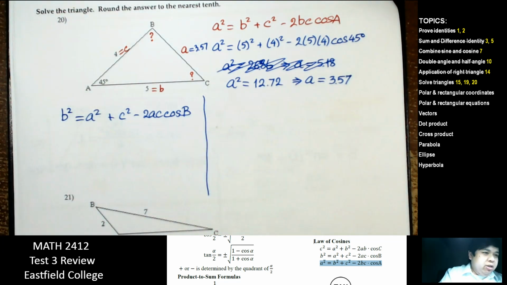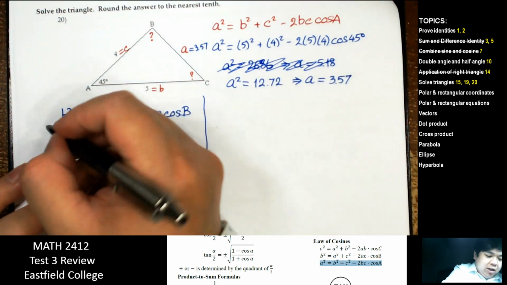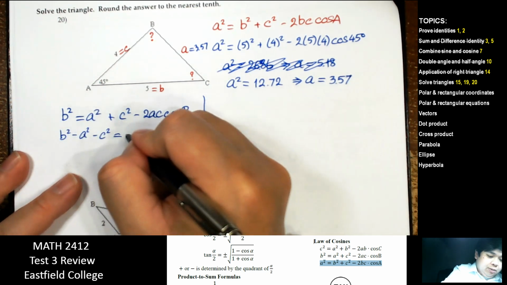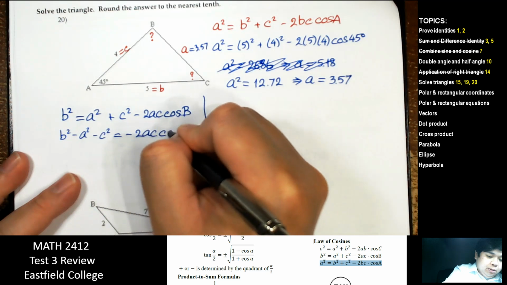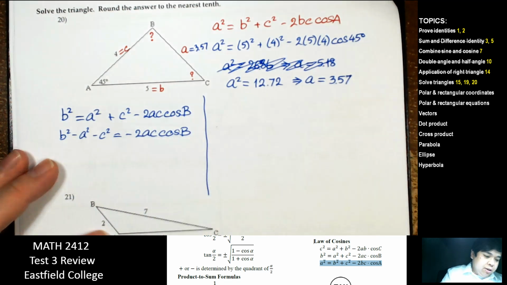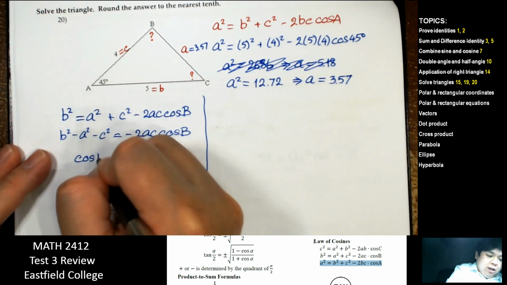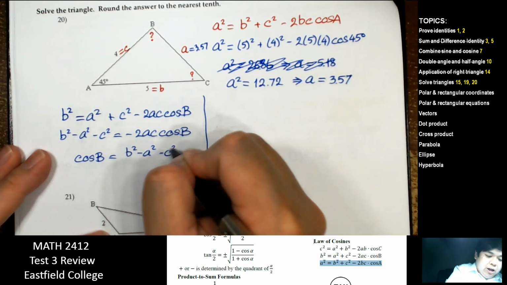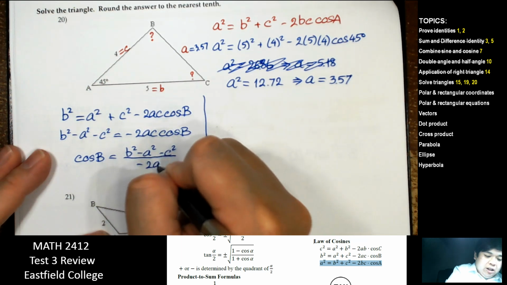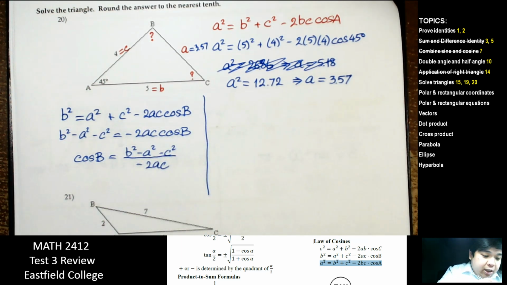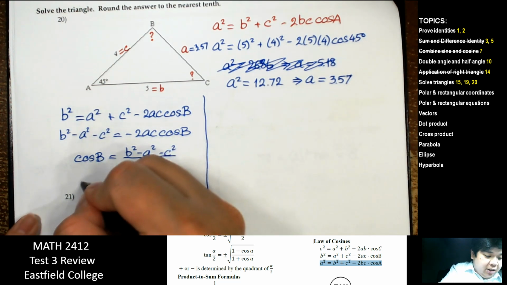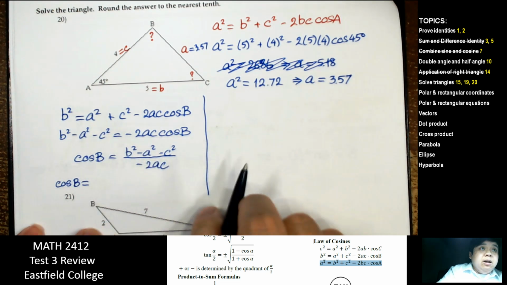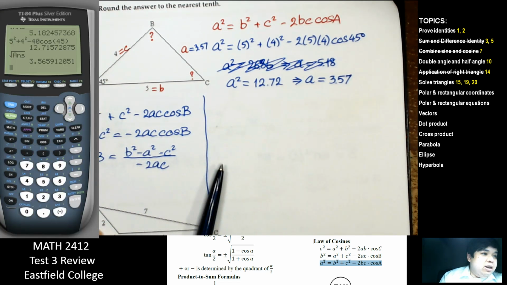Of course, we can put everything we know, but we can solve for cosine B. And so we have cosine of B equal to B square minus A square minus C square over minus 2AC. Right, do that. Calculator again.